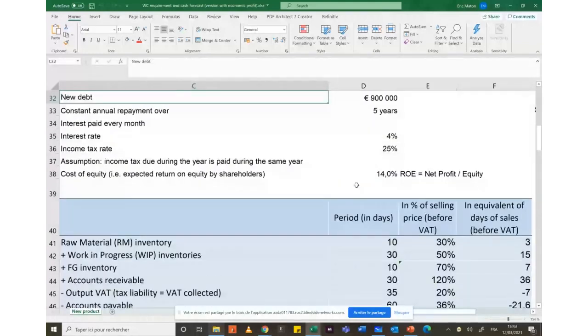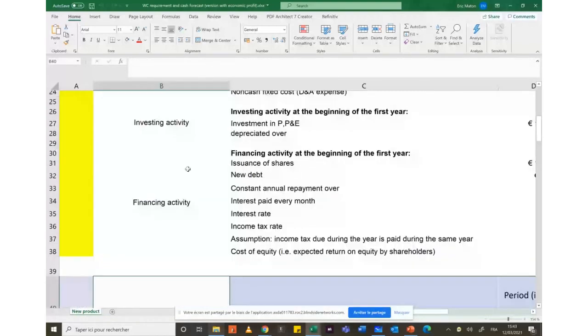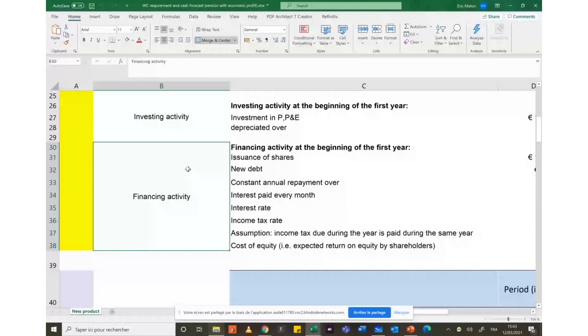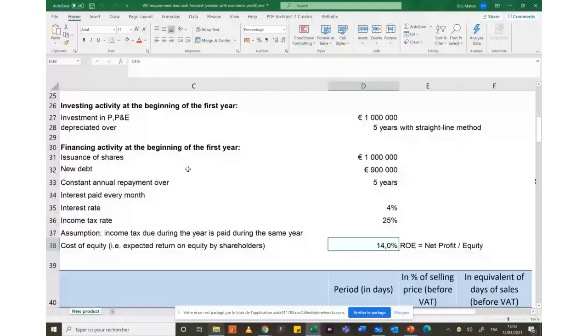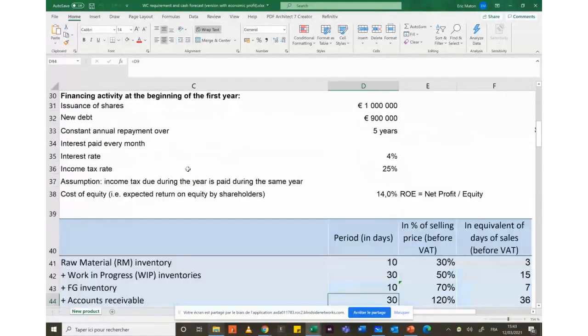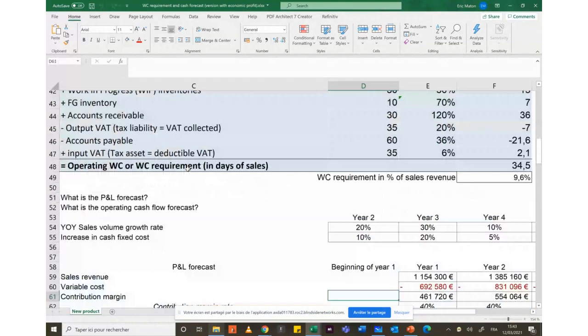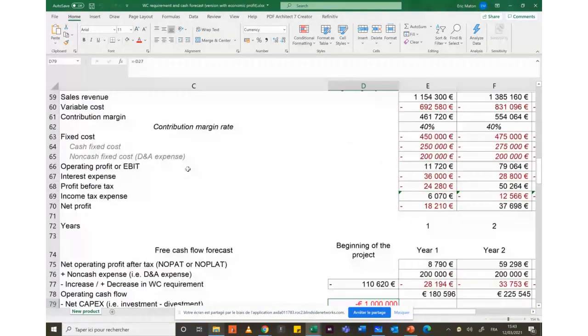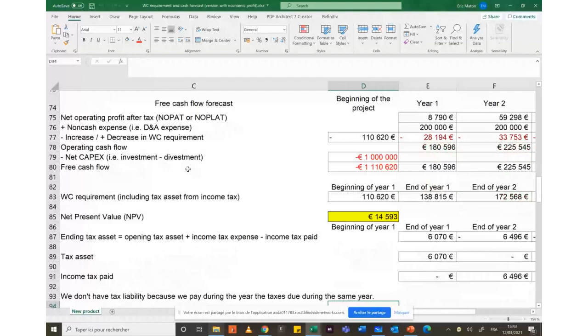The inputs are here at the beginning. And here I included what is expected by the shareholders in the cost of equity, okay? For the calculation of the weighted average cost of capital, I included what is expected by the shareholders. So it's here, the 14% is included.